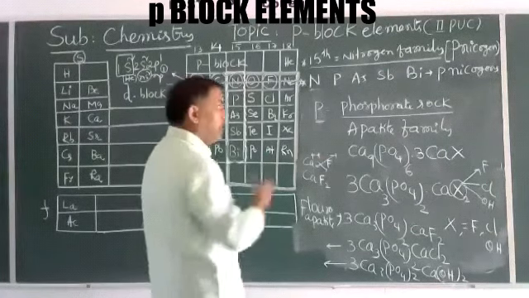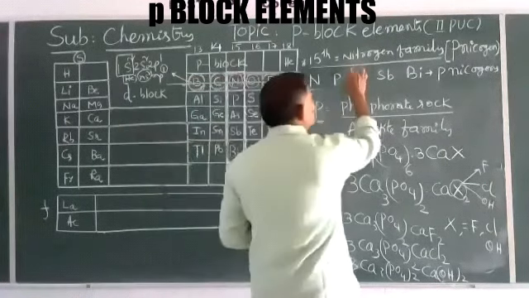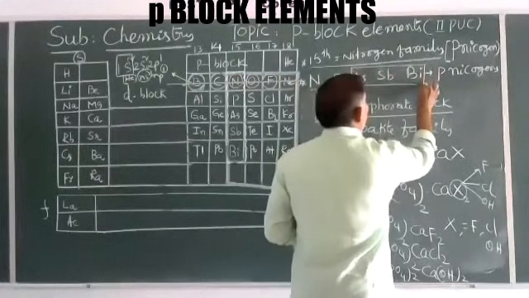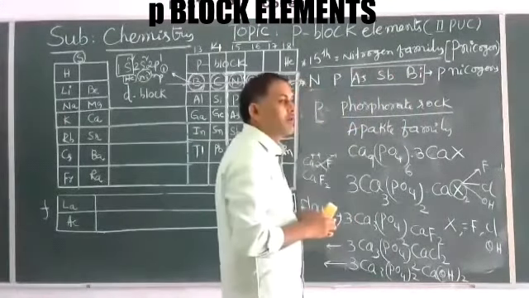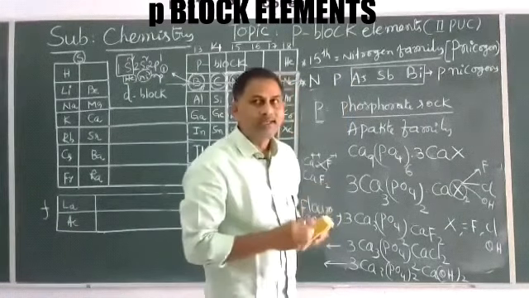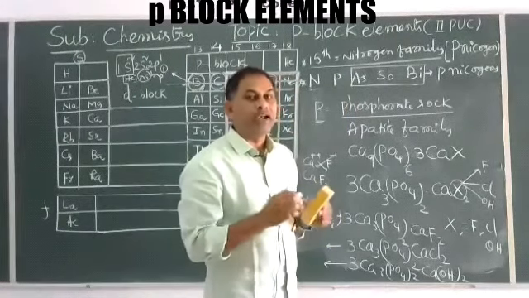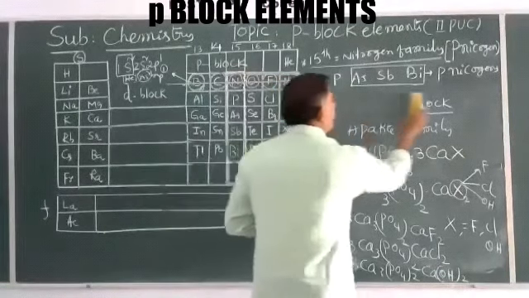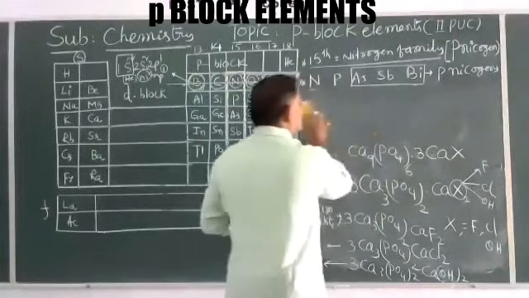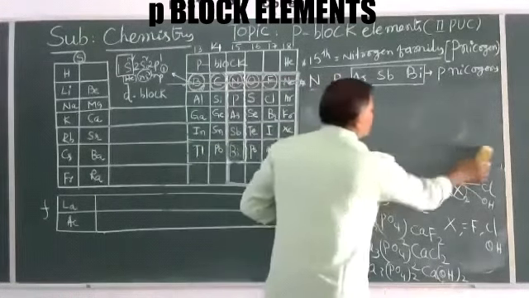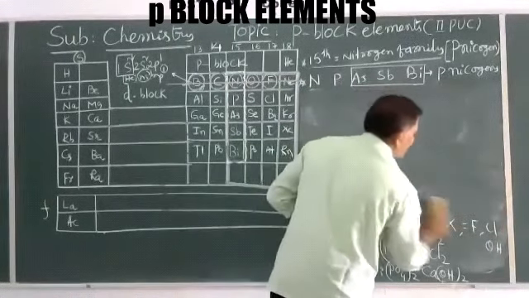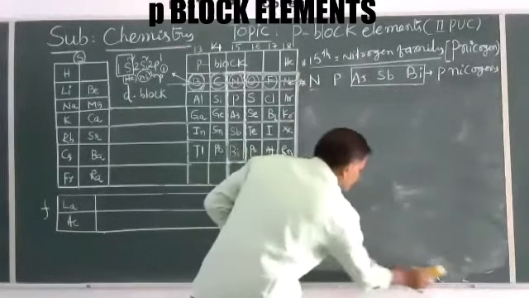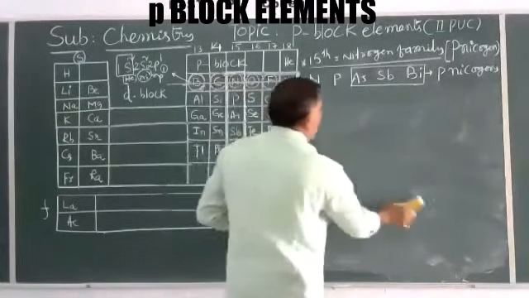Then the remaining 15th group elements, arsenic, antimony and bismuth, are generally available under the name of minerals in the earth crust, as sulfide ores. In metallurgy, I already explained isolation of elements, general processes, minerals, ores, gangue and matrix very clearly.